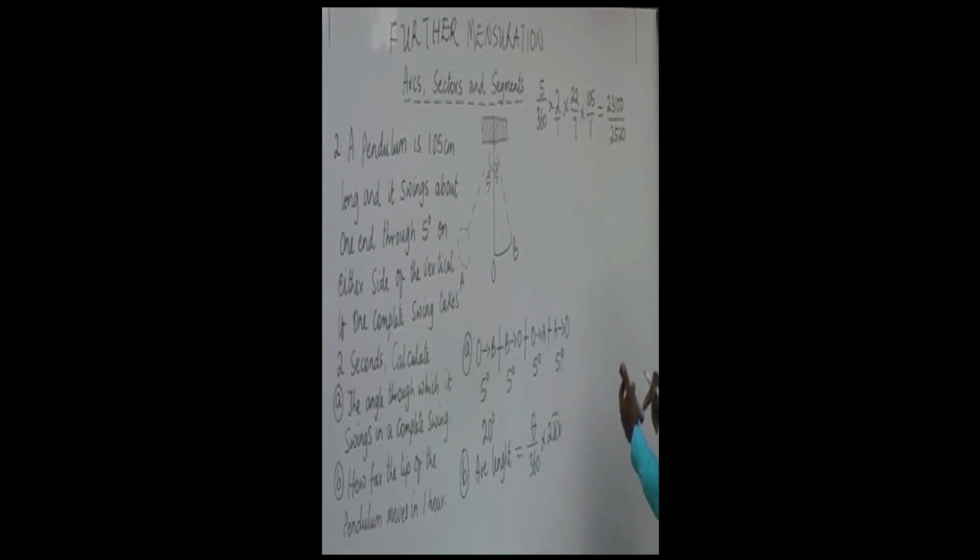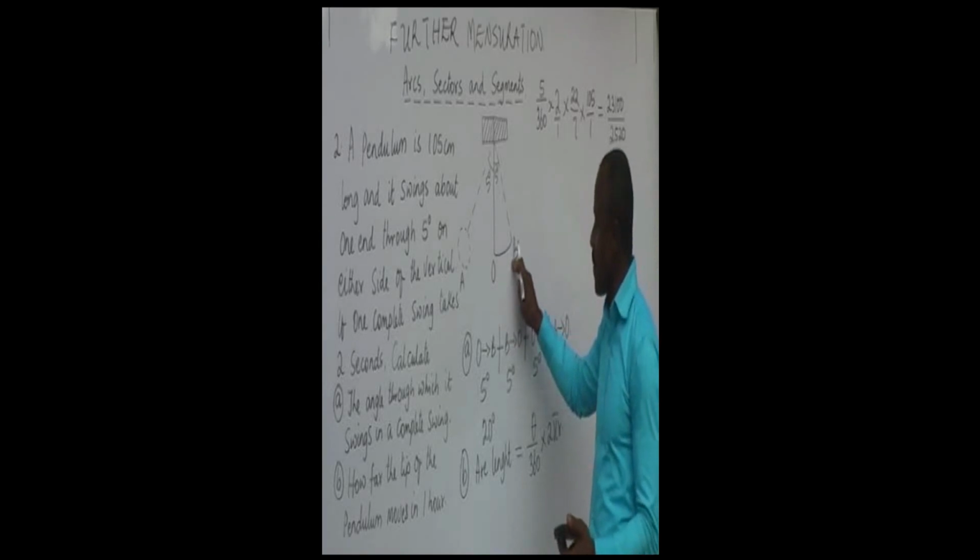Now divide out 23,100 divided by 2520 is equal to, giving me approximately 9.2 centimeters. This is the length of this arc OB.